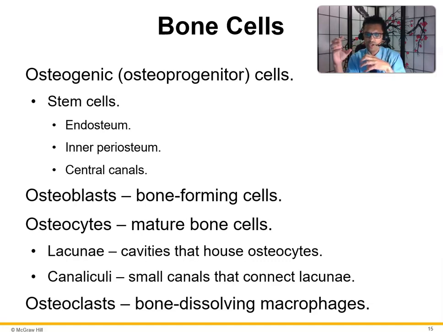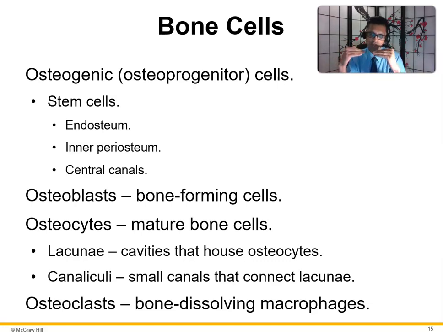If you have too much osteoblast activity and not enough osteoclast activity, you might build up too much bone. But as you get older and osteoclasts outpace osteoblasts, then you're breaking down more bone than you're building, and there's osteoporosis. So there are different pathologies that can occur if these three cells are not doing what they're supposed to do.